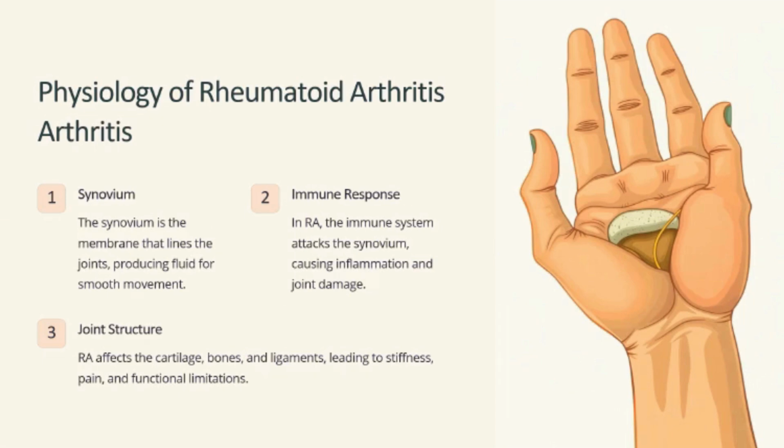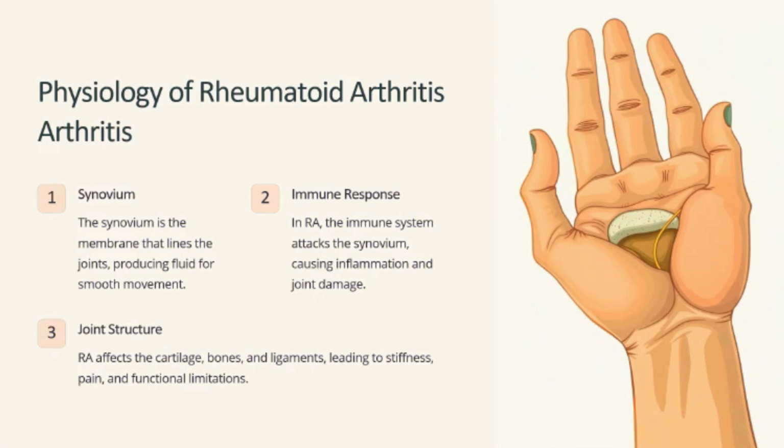Unlike osteoarthritis, which results from wear and tear, rheumatoid arthritis is an autoimmune disease. This means the body's immune system mistakenly attacks its own tissues, particularly the joints. This can lead to pain, swelling, stiffness, and even deformity in severe cases.